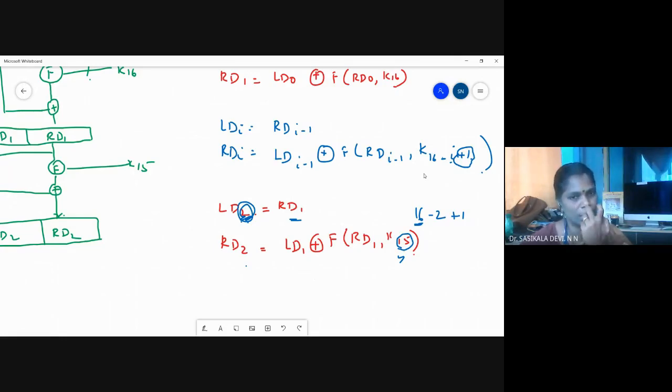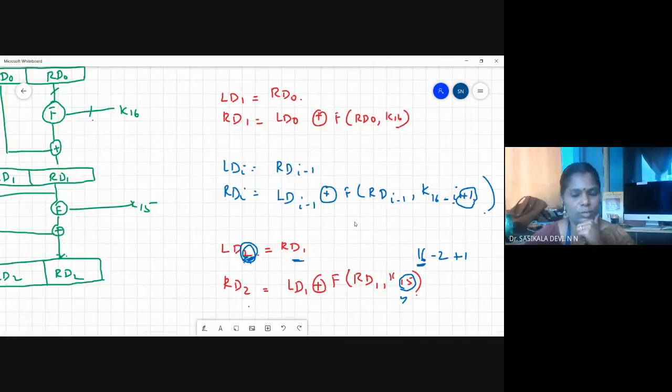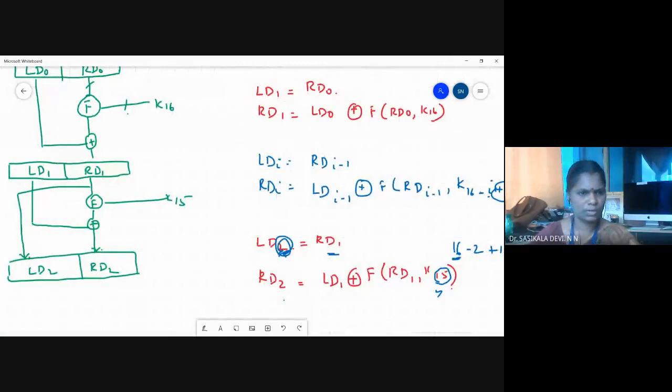It will be number of rounds minus I plus 1, n minus I plus 1, where n is the total number of rounds. If it is a 10-round function, it is 10 minus I plus 1. So 16 stands for the total number of rounds. This is actually a general equation. So this process will continue. Only at the end we have to do the starting.